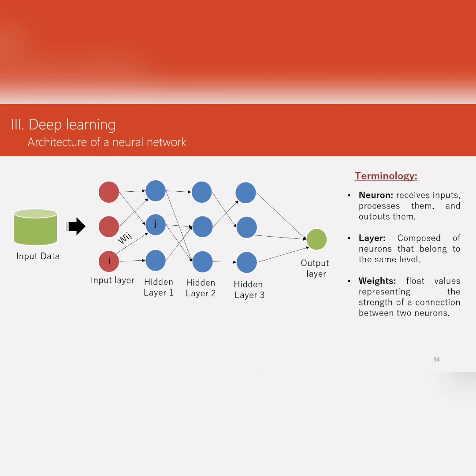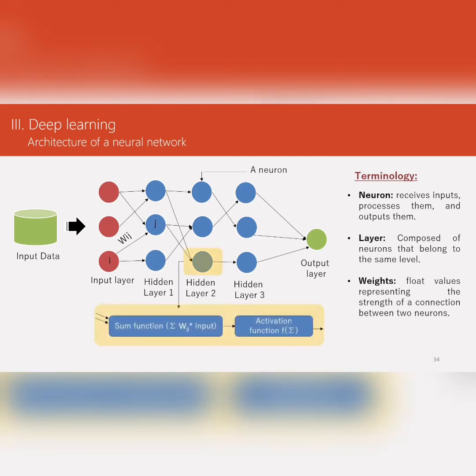So we want to give certain importance to the information that propagates through this connection. To understand more clearly what happens inside a neuron, a neuron receives one or several inputs from the previous connected neurons.